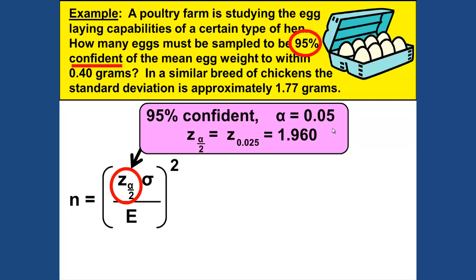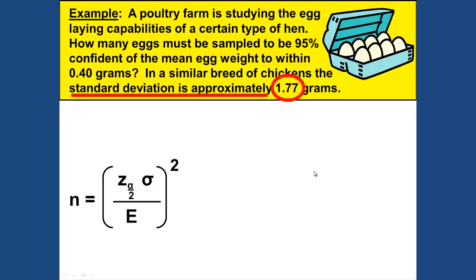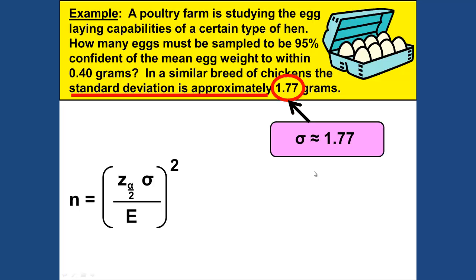Divide that by 2, which is 0.025, and looking up the Z for 0.025, and that's a Z, so we go all the way down to the bottom of our t student distribution table, and that gives us 1.960. Next, we want to find our standard deviation, our sigma, and it's approximately 1.77 grams.